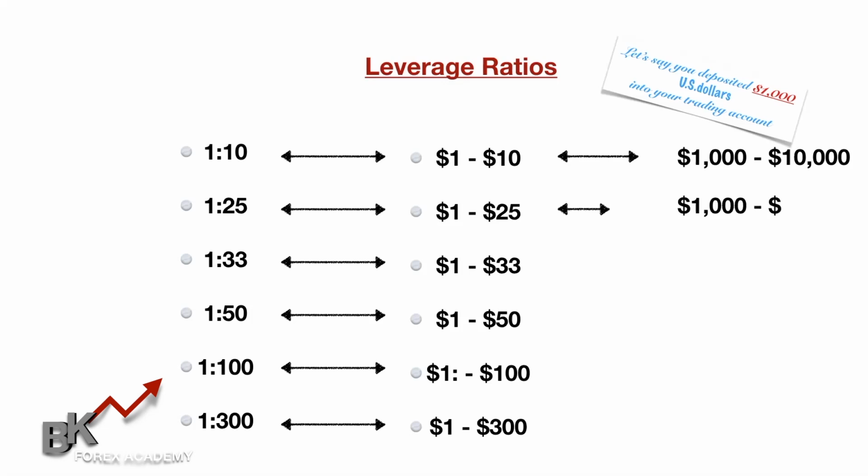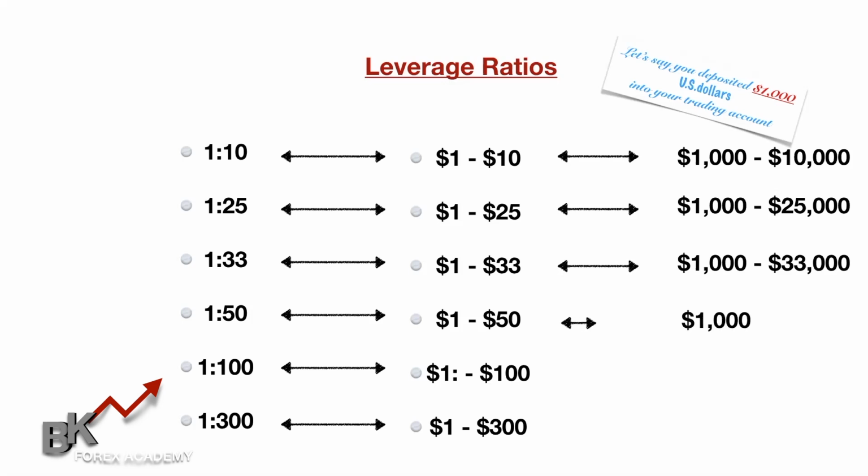The next example, the 1 to 25 ratio, if we put in $1,000, that simply means that our broker would give us $25,000 in buying power, meaning we can put in more trades than our $1,000 can give us. So that simply means that our broker is hooking us up. In other words, they allow us to trade more.